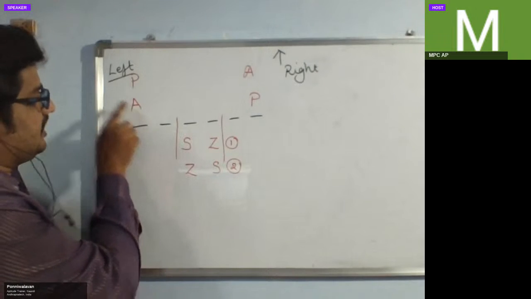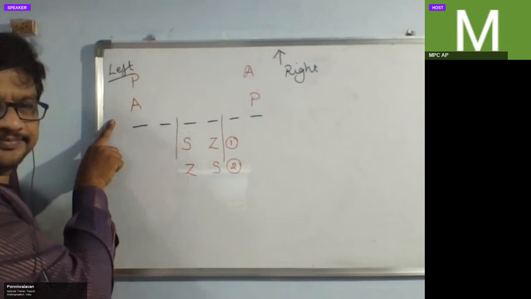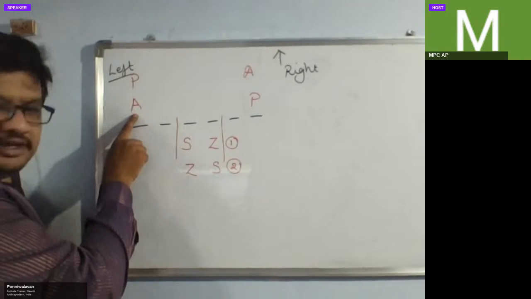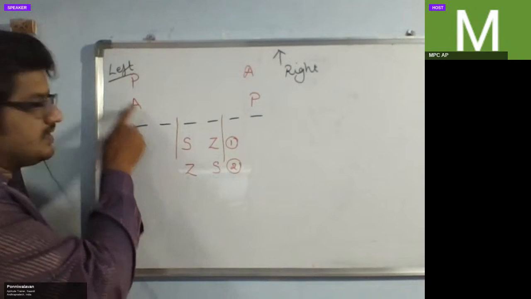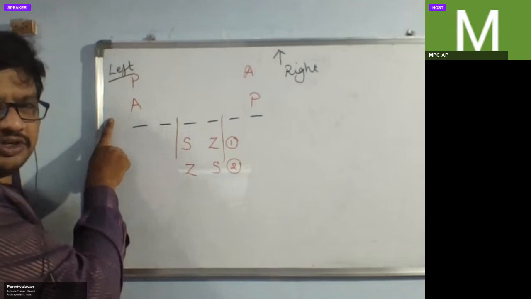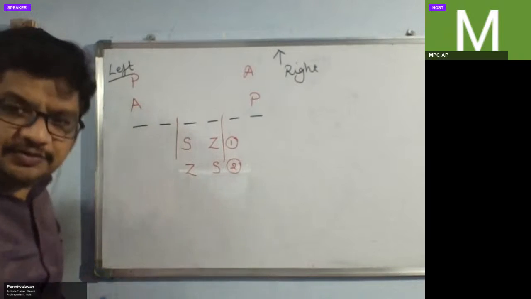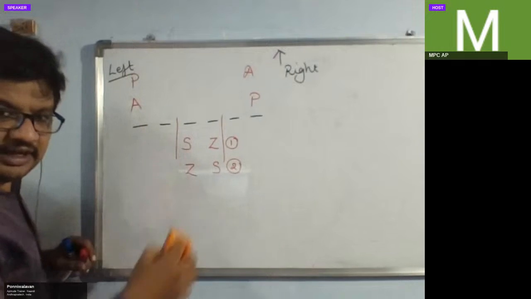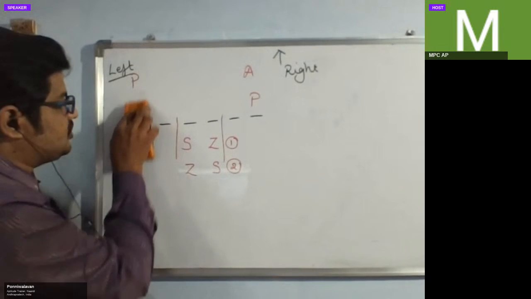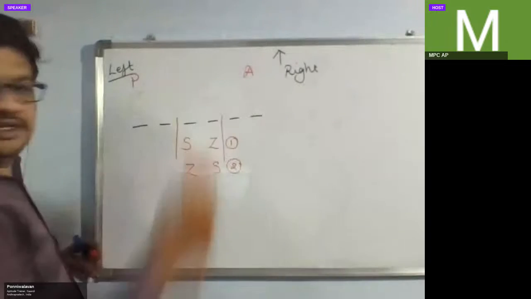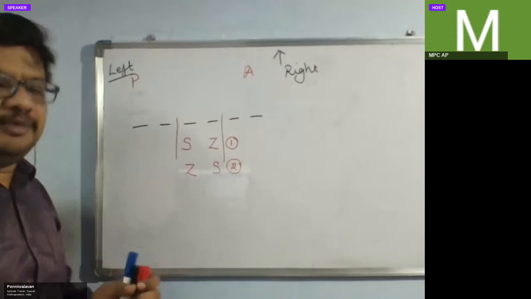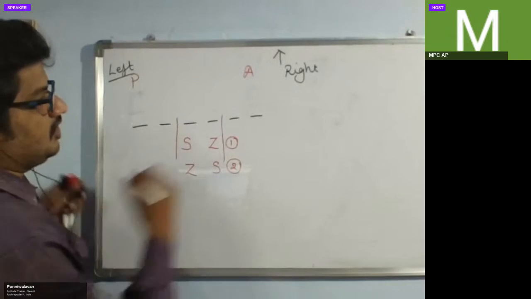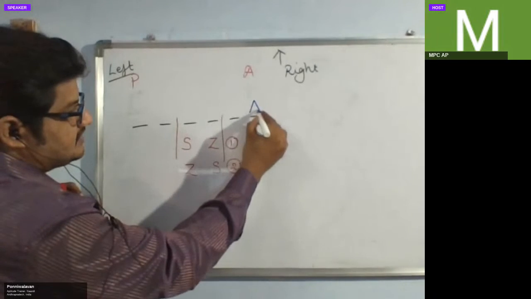If A is present here, is there any left position? No, there is no left position. Here, at this moment, we are confirmed that this arrangement is not possible. So the A place is here.